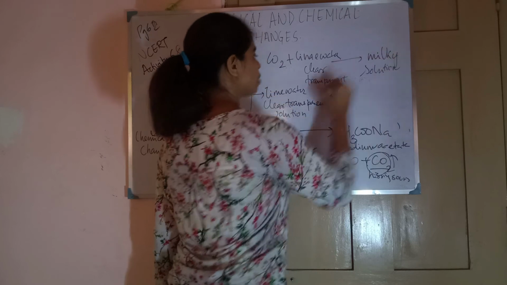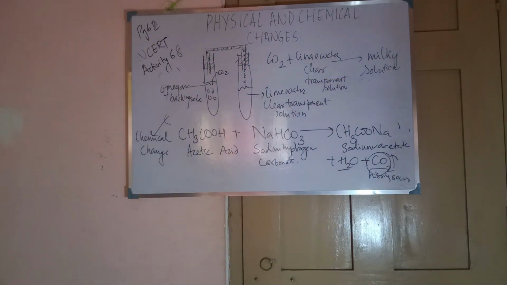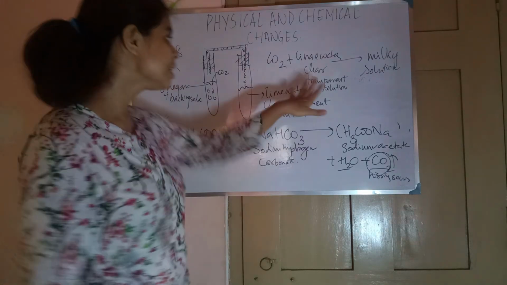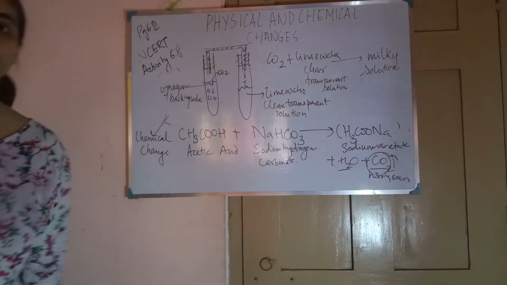The transparent solution turns milky. So now tell me, what kind of reaction is it? What kind of change is it? It is a chemical change. See, it was clear and transparent, but now it has turned into a milky solution.